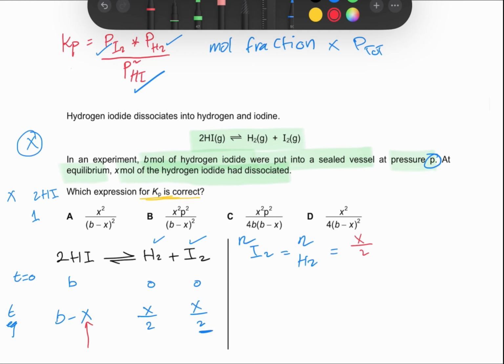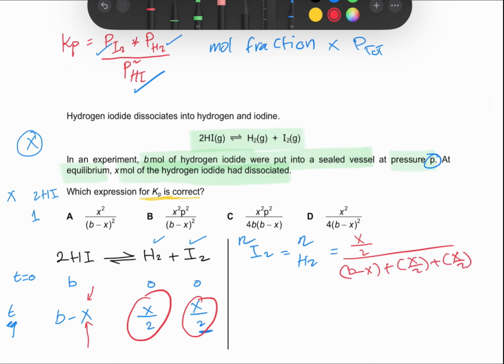Then we take the summation of all things: B minus x, the summation of reactants, plus x over 2 for I2 plus x over 2 for H2. Simplifying, x over 2 plus x over 2 equals x, and you have minus x, so they cancel out, and you end up with 2B. Then the mole fraction for I2 and H2 is equal to x over 2B.